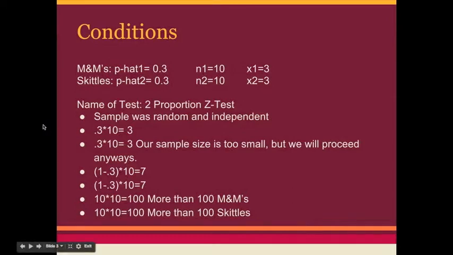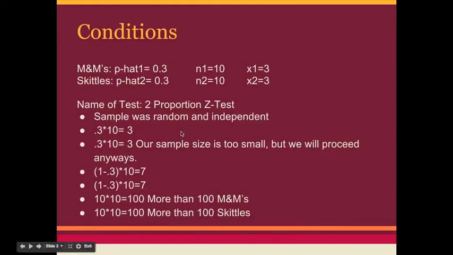So what we want to do first is make sure that when we multiply our p hat by our n, we get a value that's over 5. So when we do that for the M&Ms, we get 0.3 times 10 equals 3. And when we do the same thing for the Skittles, since our numbers are exactly the same, we get 0.3 times 10 equals 3. So our sample size is too small, but we're going to proceed anyways.